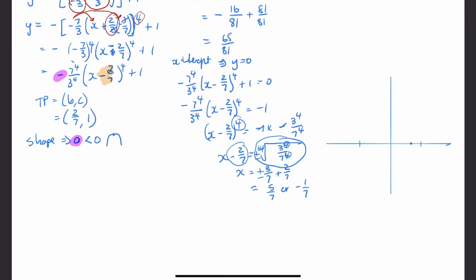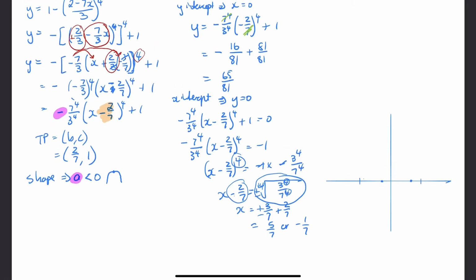So there, and my negative 1 over 7 is over there. My y-intercept is going to be at 65 over 81, which is over here, that's not even 1 yet. So if that is 1, 65 over 81 is going to be there.